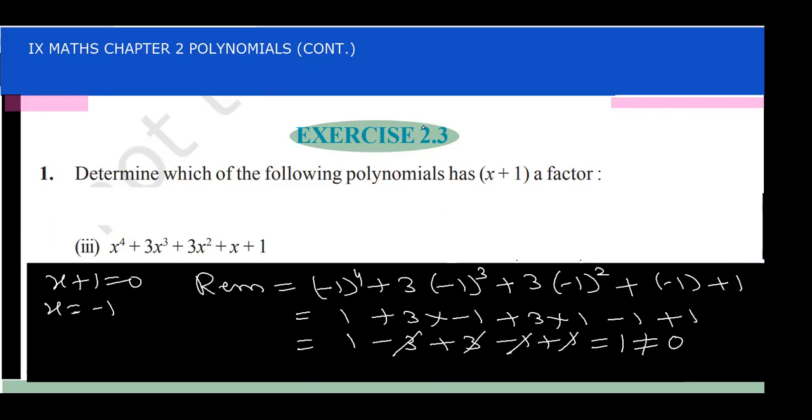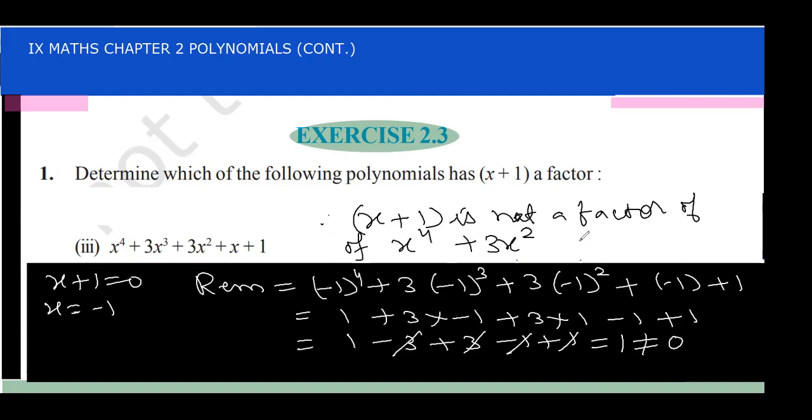So we can say that x plus 1 is not a factor of the polynomial x power 4 plus 3x cube plus 3x square plus x plus 1. And this is answer of this question. रिमाइंडर 0 है तो डिवाइजर फैक्टर है, अदरवाइज डिवाइजर फैक्टर नहीं. नेक्स्ट पार्ट ऑफ दिस क्वेश्चन ऑन योर स्क्रीन.